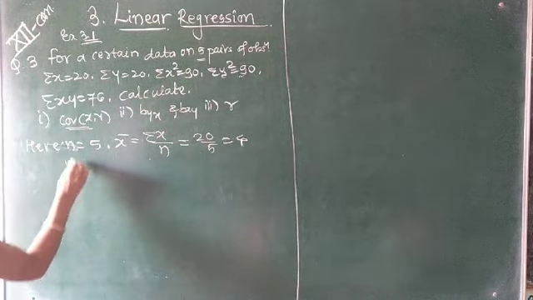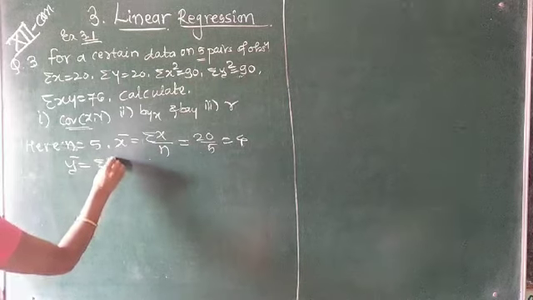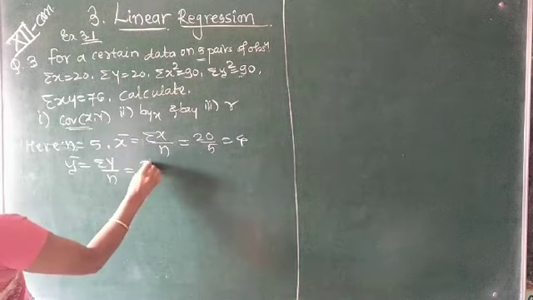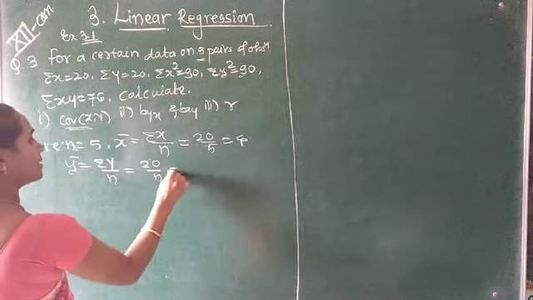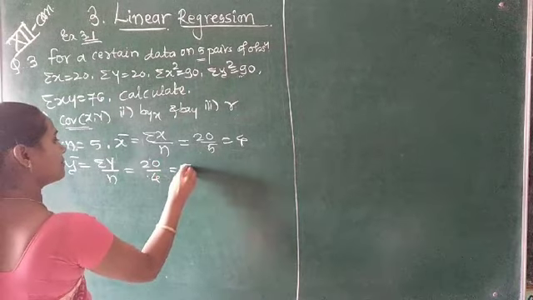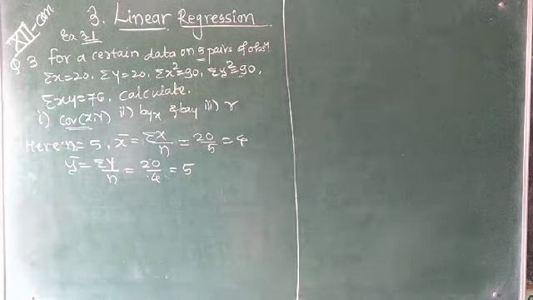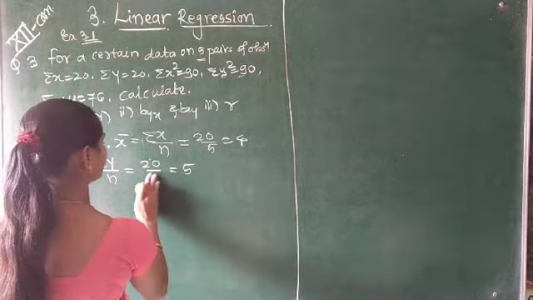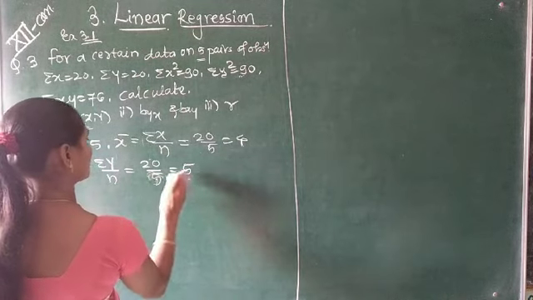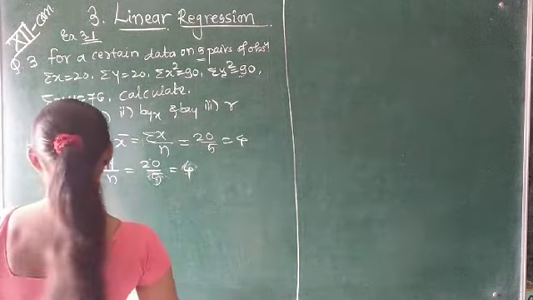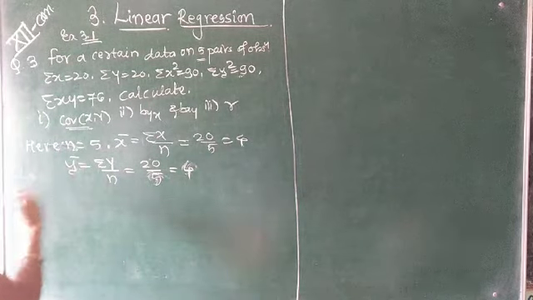Next find y bar: summation y upon n. Summation y is also 20, upon n is 4. So the mean of y is also 4. Now we have the means x bar and y bar.